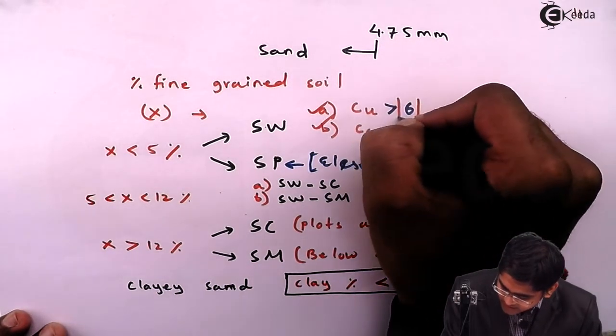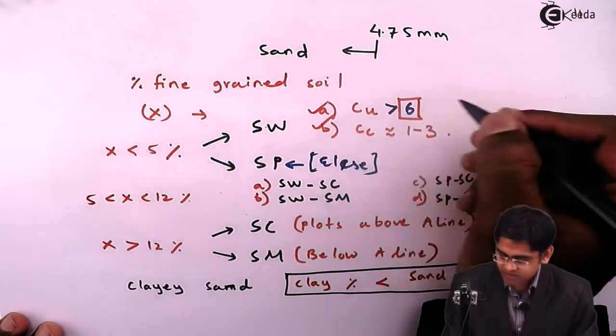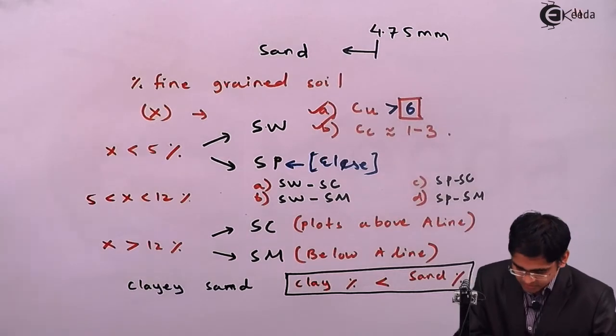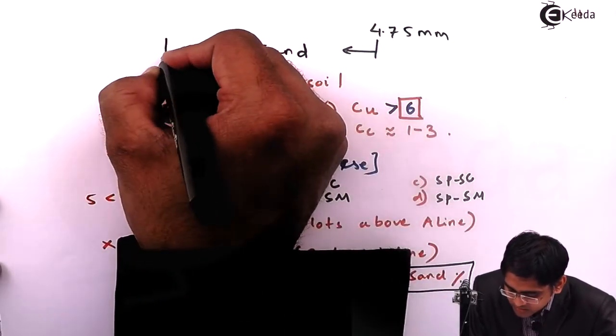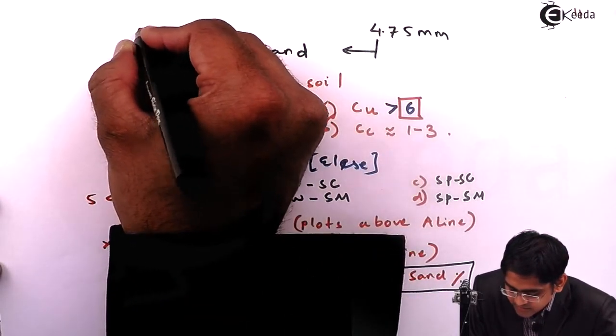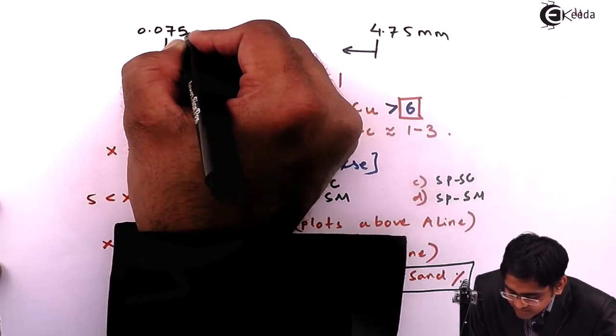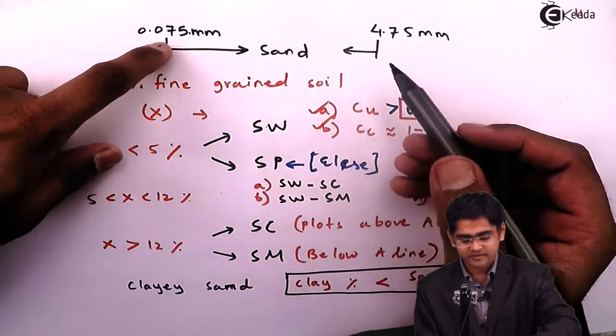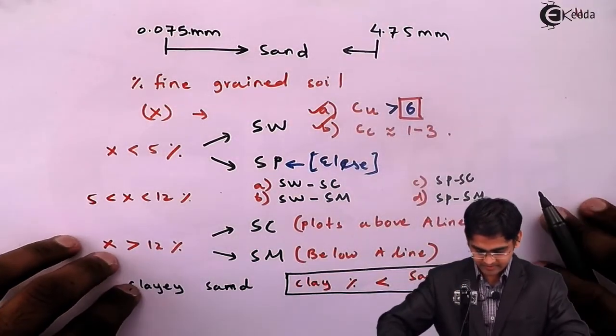And remember one more thing, which is very important. For sand only you have this number 6 for Cu; except for this 6, everything is the same. And absolutely the lower bound limit for sand is 75 micron, that means 0.075 mm. So sand has to be in the range of 75 micron to 4.75 mm.